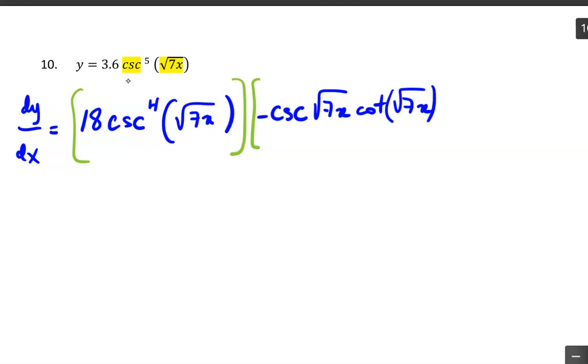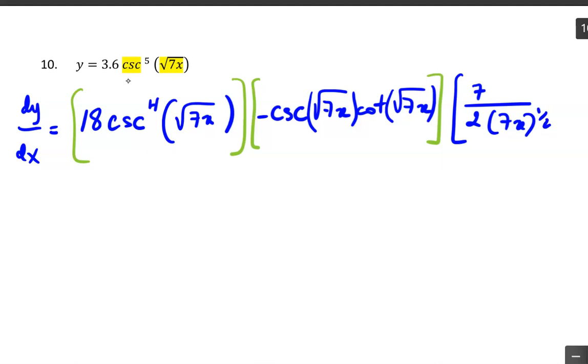Okay, so we keep this argument inside the bracket, and the next step is the derivative of square root of 7x. In this case, it will be 7 over 2 times 7x raised to exponent a half. So I will make a note here on how I get to this derivative of the argument.